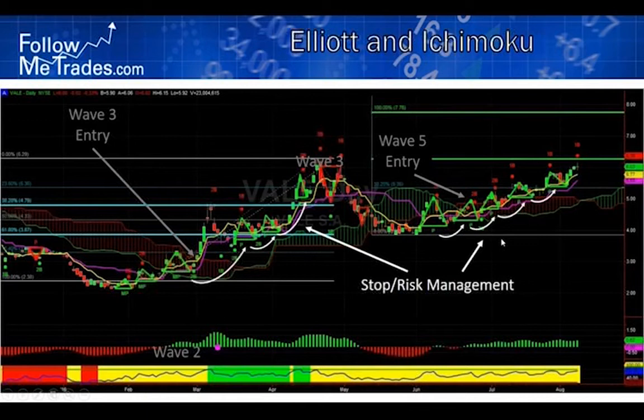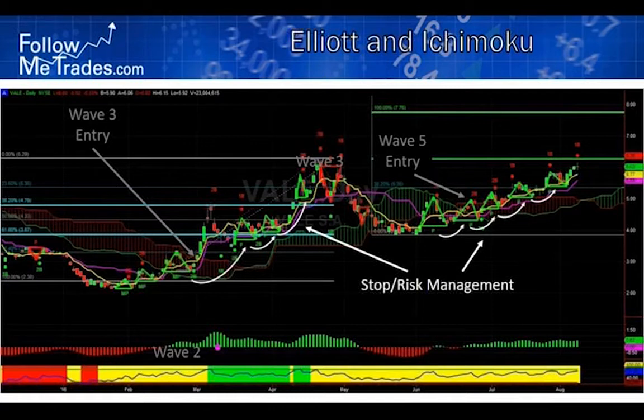Well, at Follow Me Trades, we have a very clear trade and risk management system that we use. Our risk management, we control that through our position size, and we have a formula that we use so that we only put 2% of our account at risk for any given trade.